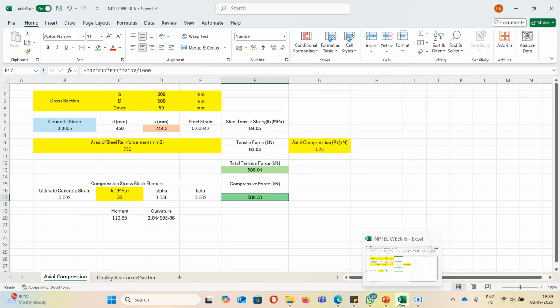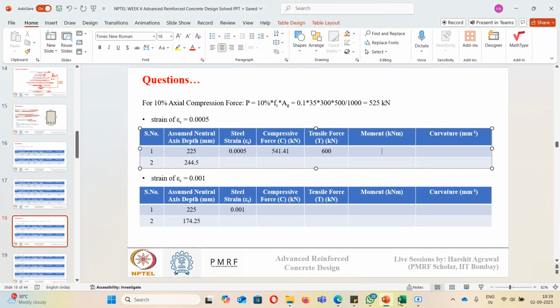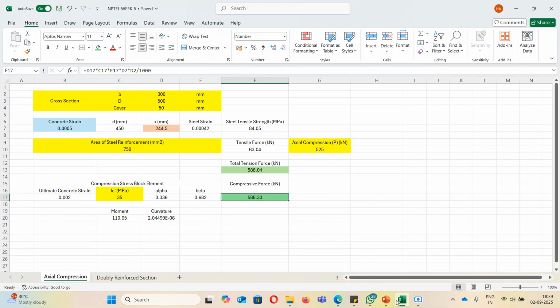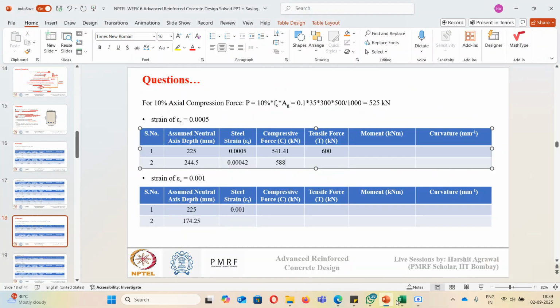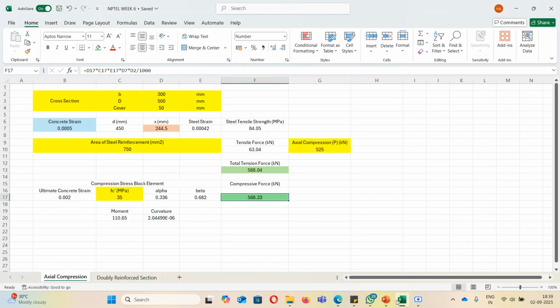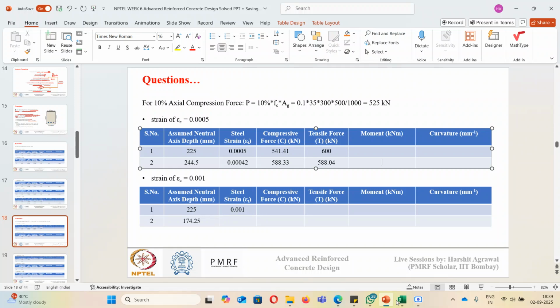Okay. So x, the neutral axis depth, it is 244.5, and at this depth, the strain in steel is 0.00042. Compression force, it is 588.33. Tension force is 588.04.